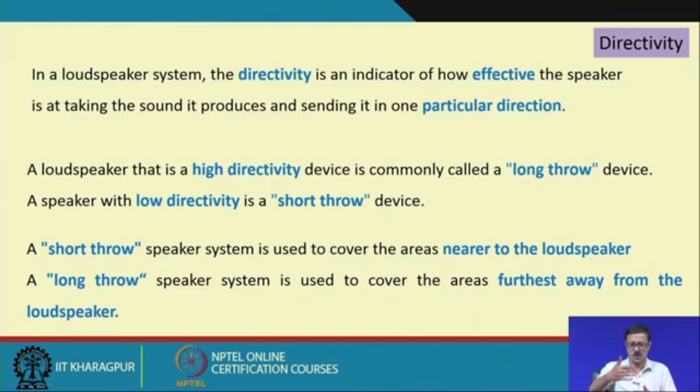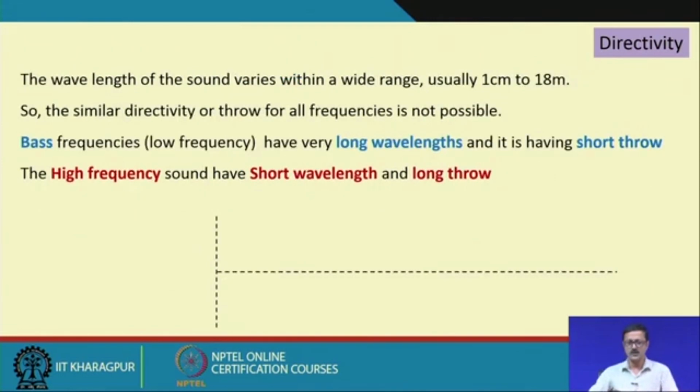The short throw goes only nearer to the loudspeaker, and the long throw goes very far away. It depends upon the wavelength of the sound. A bass or low frequency sound has a long wavelength and a short throw, something like 50 hertz has a very short throw.